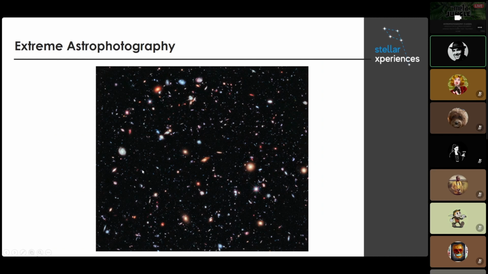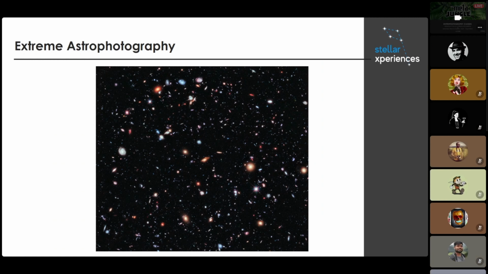One of the most distant objects in this one is 13.2 billion light years away. That means the light Hubble captured started its journey 13.2 billion years ago.